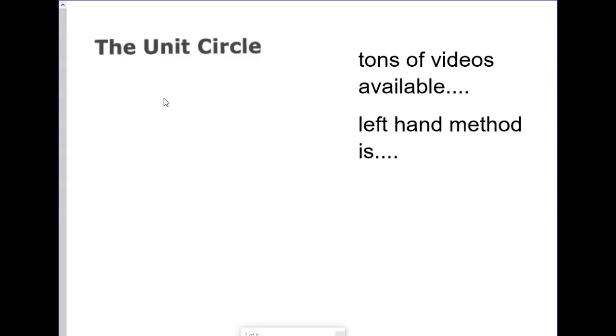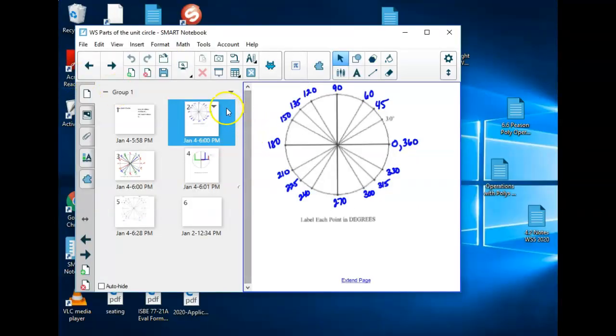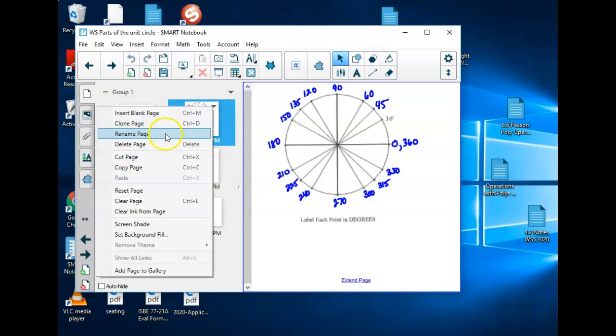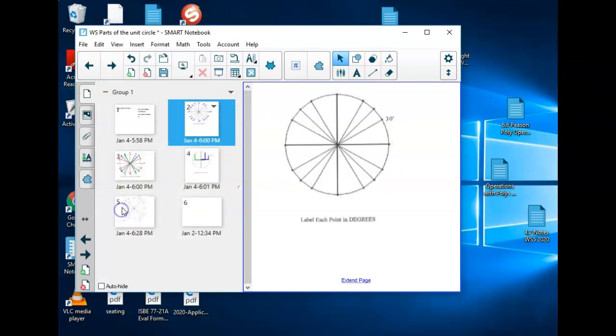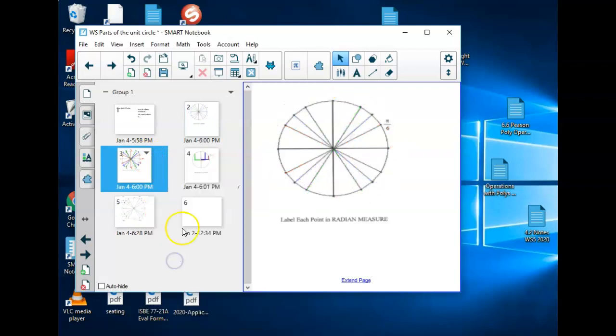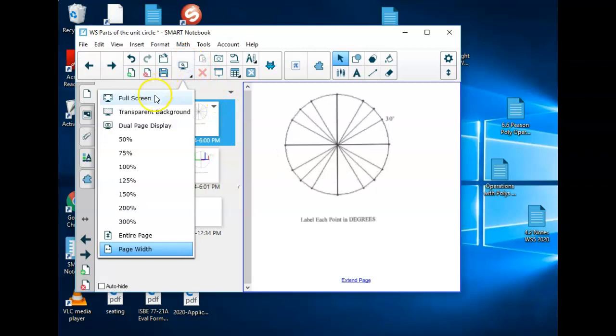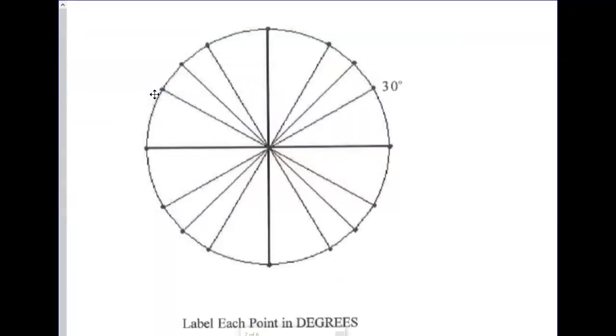But if you look up on YouTube and just say unit circle, thousands of songs, tricks, whatever you need for memorization. For most kids, it's just a matter of recognizing the families. And for me, I need a little more than just memorizing the families. I need it done in color, too. So how you attack the unit circle is up to you.